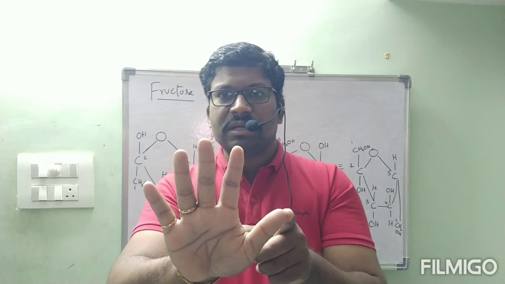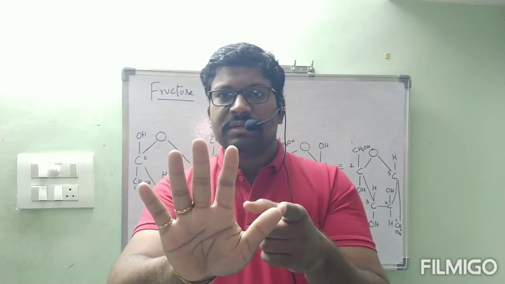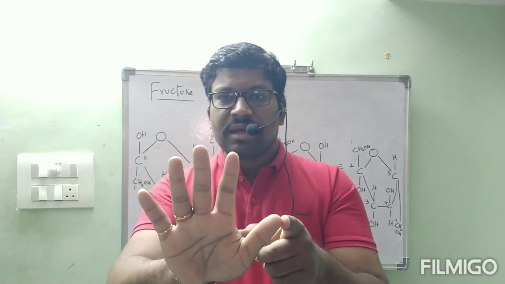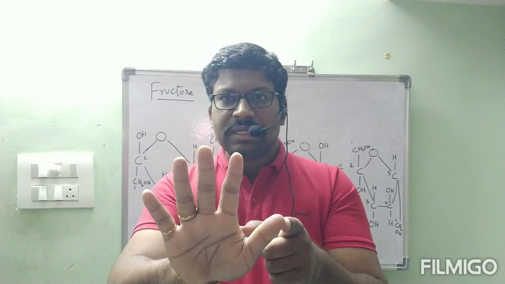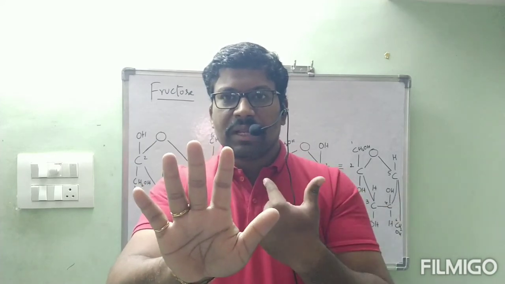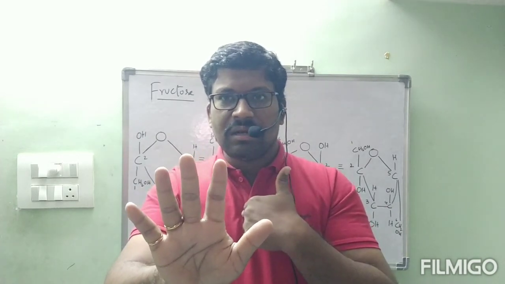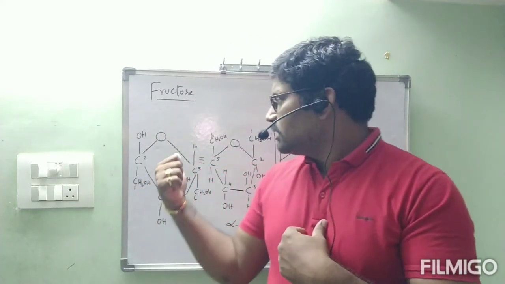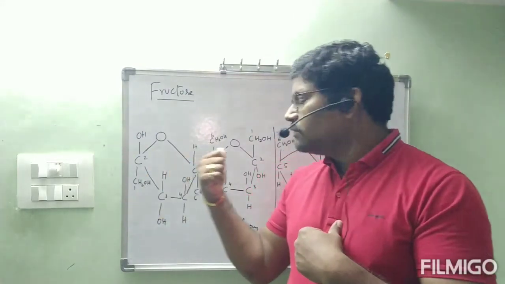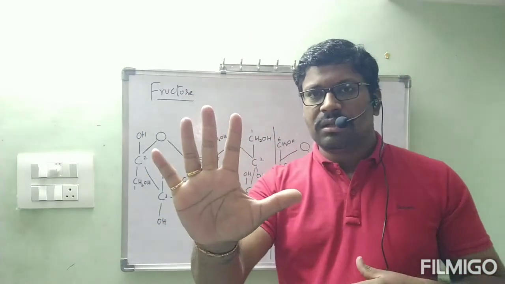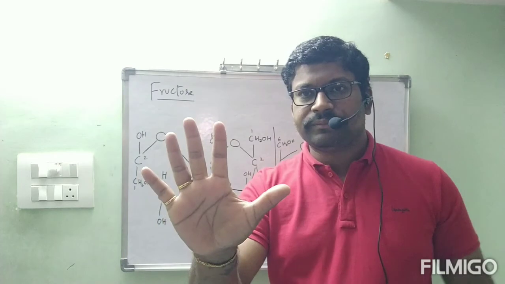For you, this carbon is on the right side. For me, this carbon is on the left side. On this carbon, what are the groups present above the plane and below the plane? For me, it will be reverse. Correct or not? Now, I have drawn this structure, you have drawn this structure, but is the molecule the same or not?